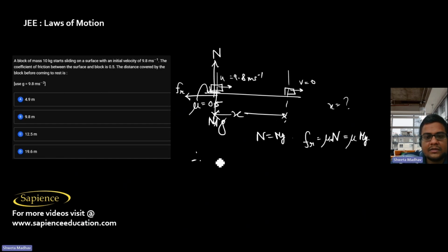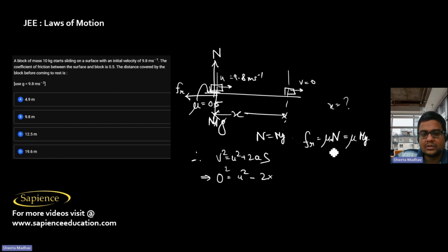So now we can say v square equal to u square plus 2as. So now this displacement is x and v is 0. So 0 square equal to u square minus 2 into the frictional force, that is friction equal to mu mg equal to ma. So therefore acceleration is mu g.